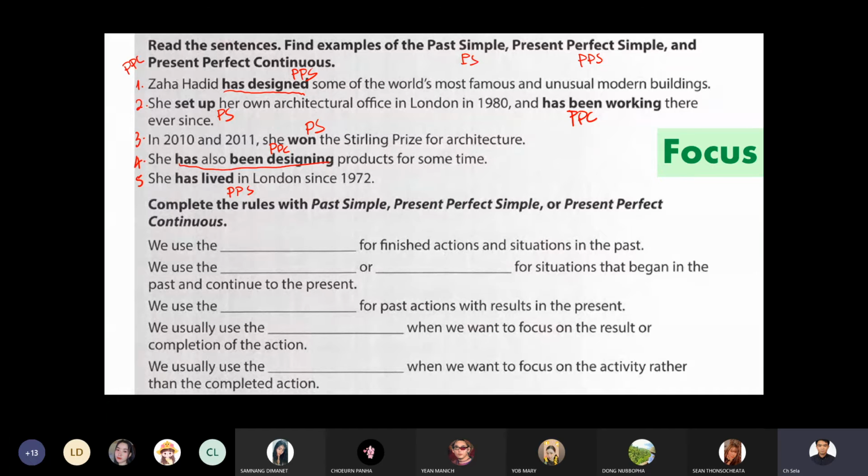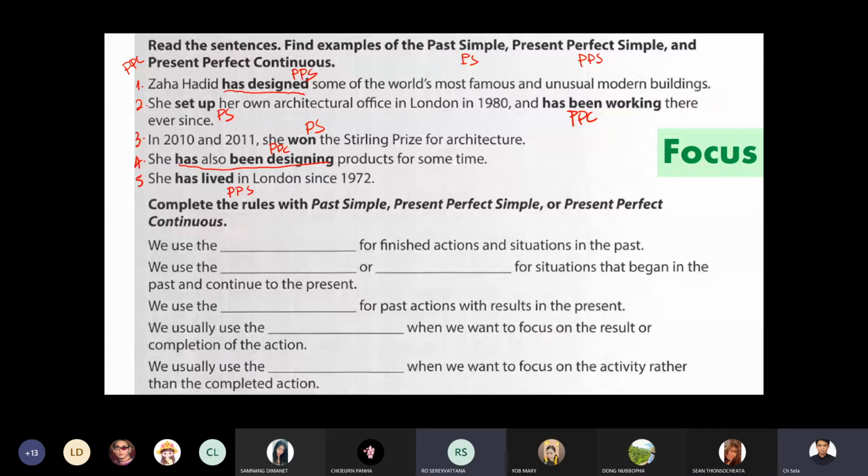Watana, I want you to read number 1 until number 5 again for your friends, please. Okay. Zaha Hadid has designed some of the world's most famous and unusual modern buildings.